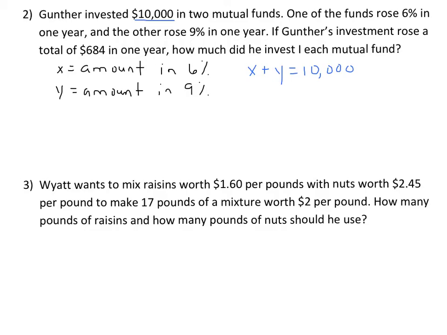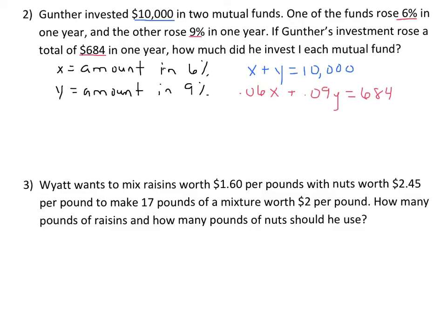Now again, just like we talked about in the last one, keeping your percents together. So I've got 6%, 9%. And in this case, I don't have a percent for the total, but what I do have is a total of how much those percentages earned me. So when we write this, I'm going to have 0.06x plus 0.09y equals $684.